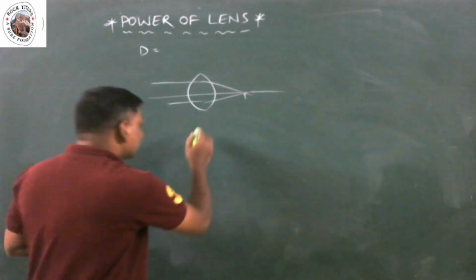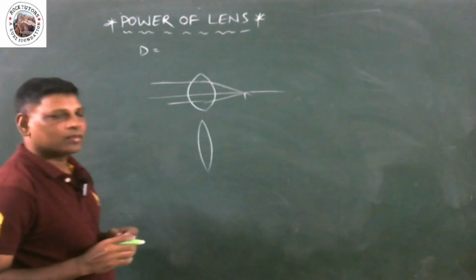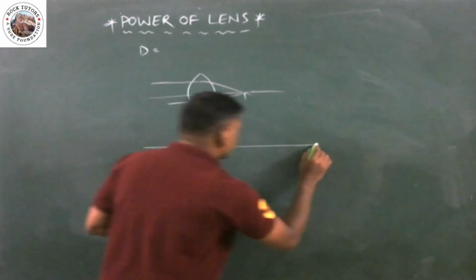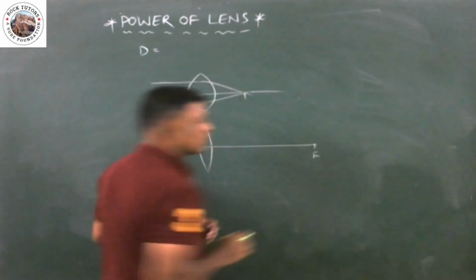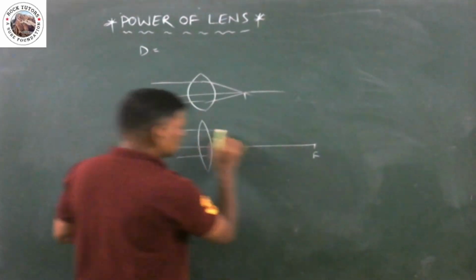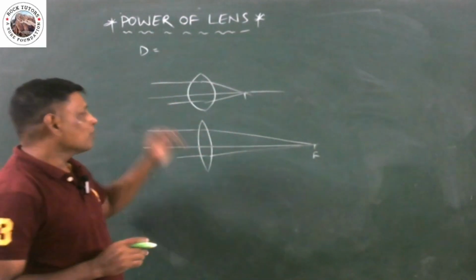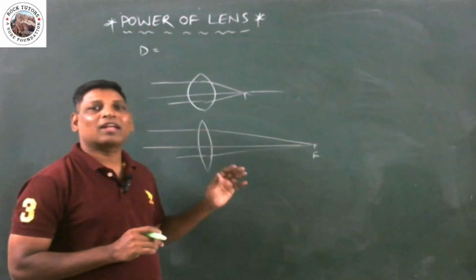For a thin lens, if the focal length is more, then the angle of deviation will be less. So the power of lens is less.